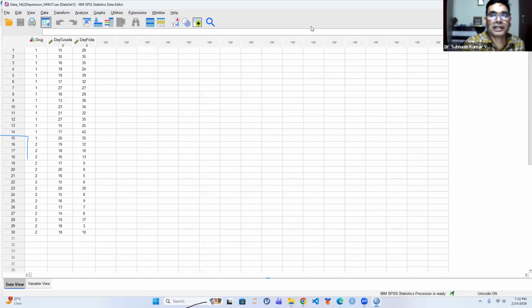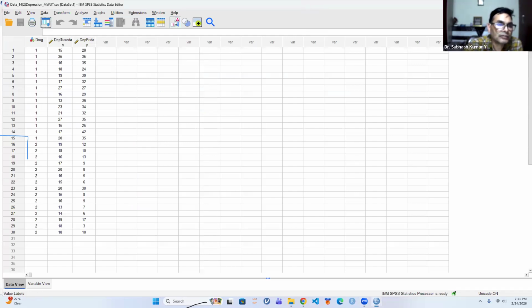Suppose we are interested in performing a run test, a chi-square test, like that. So if we are interested in the binomial test, then for the two drugs, this is the alphanumeric value.